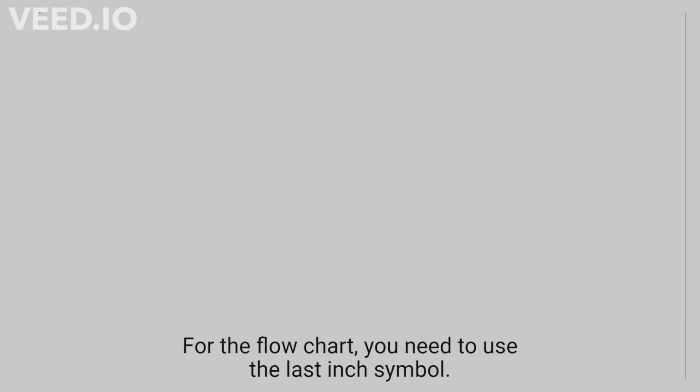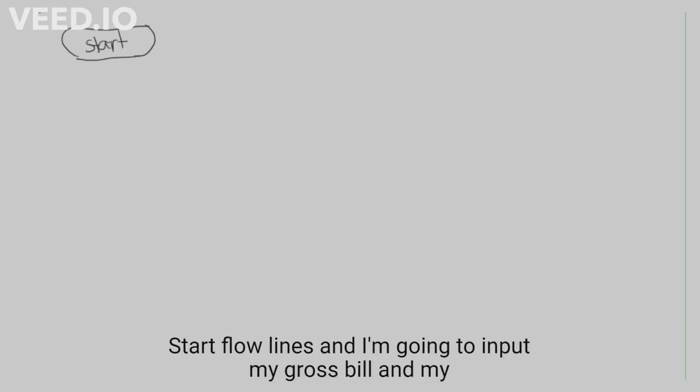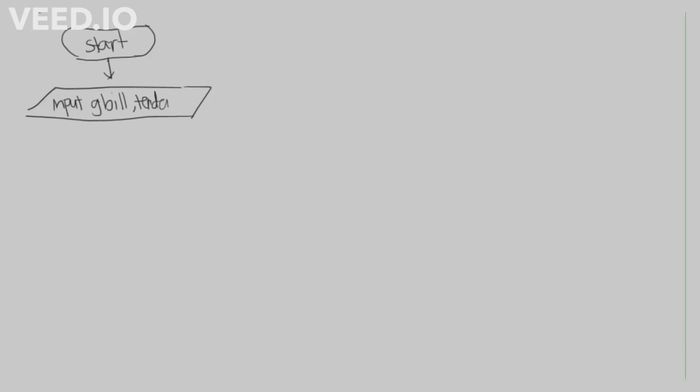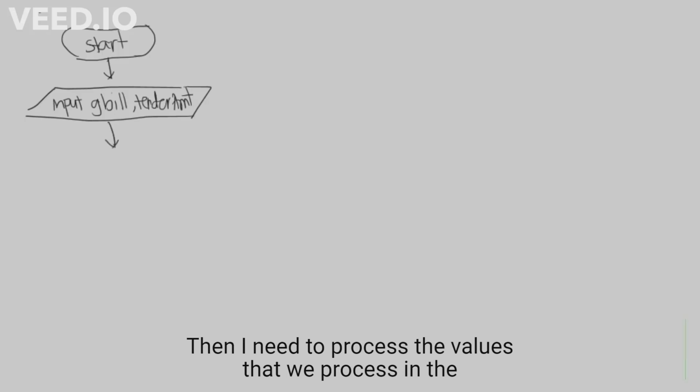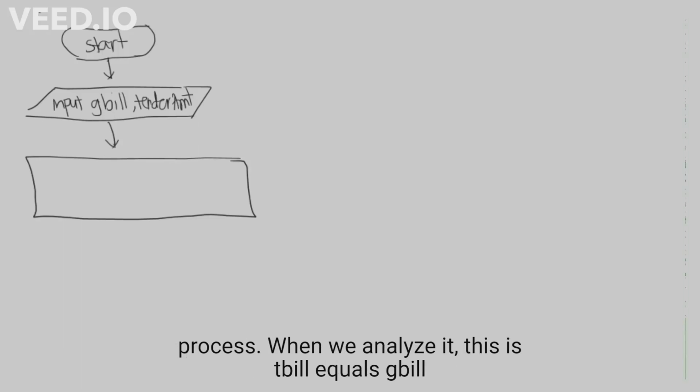For the flowchart, you need to use the lozenge symbol, start, flow lines, and I'm going to input my gross bill and my tender amount. And then I need to process the values that we identified when we analyzed it.